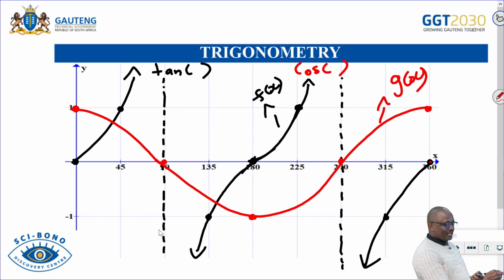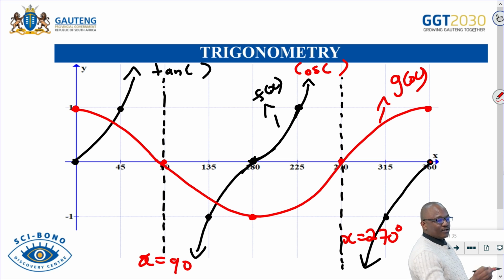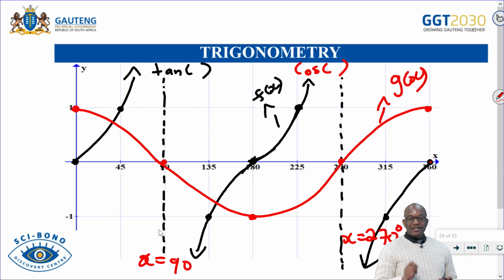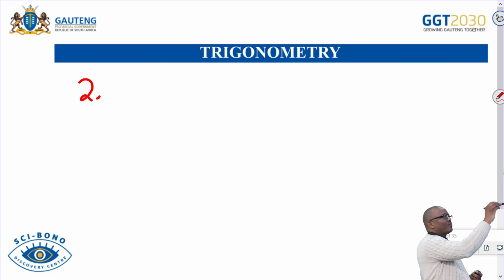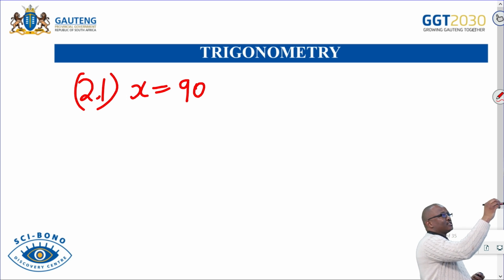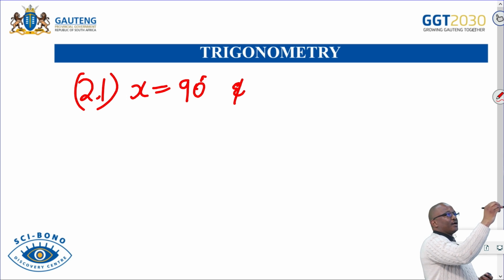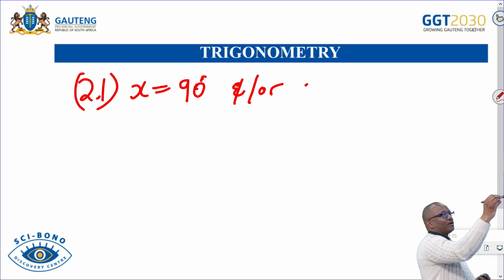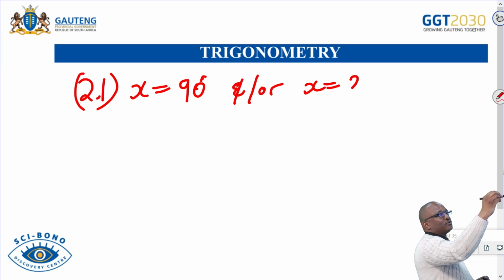So the black one is undefined where x is 90 and where x is 270. That's where our graph is undefined. So basically for 2.1, you will just say x is equal to 90 and x is equal to 270.